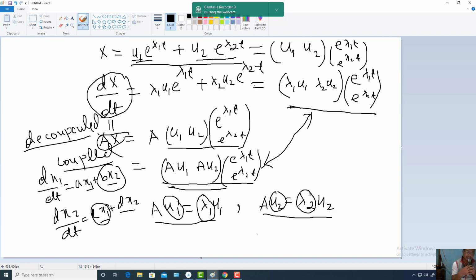Suppose the fixed point is attractive; then in the new system the fixed point is also attractive. If the fixed point is repulsive, then in the new decoupled system the fixed point is also repulsive.